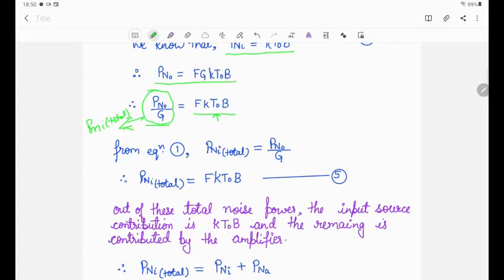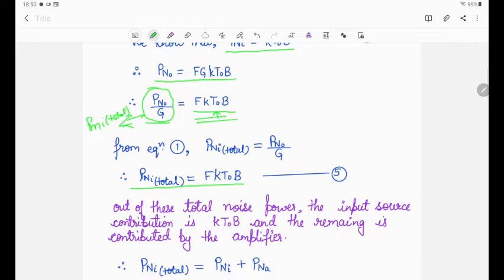So we can write PNI total is equal to F K T naught B.